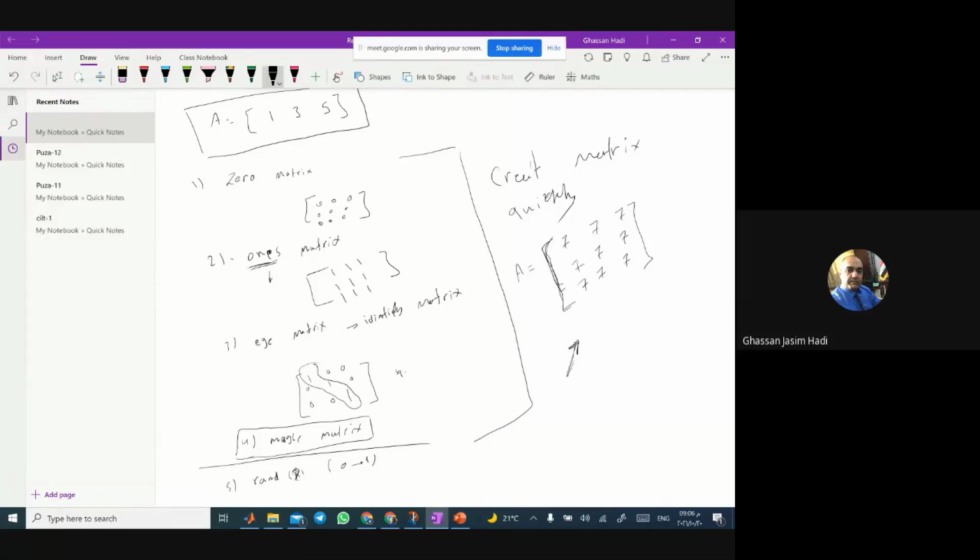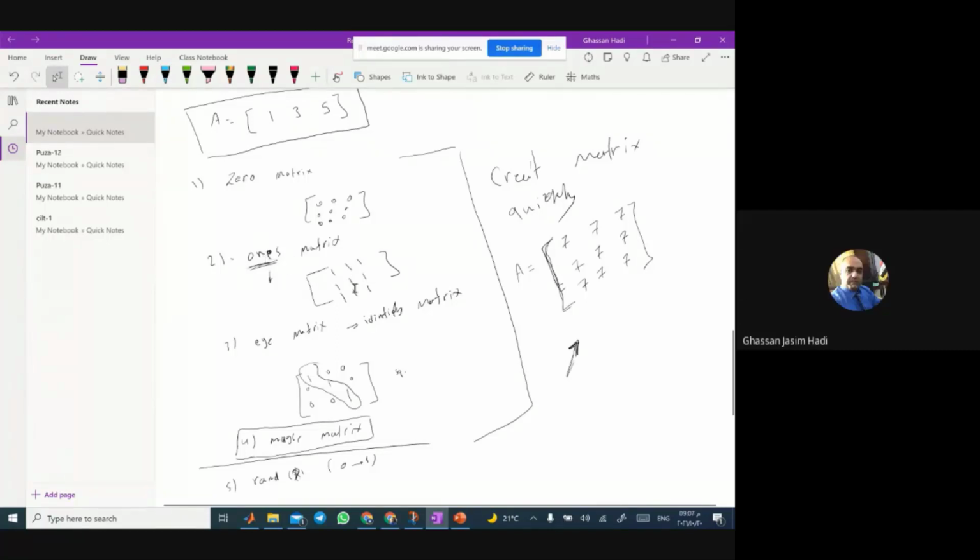Student: Like the second one, this, and it will be 7.